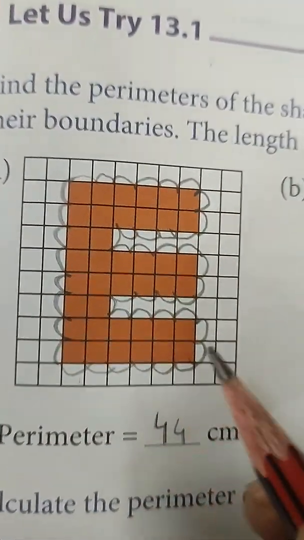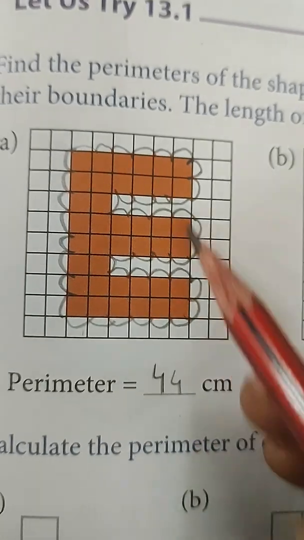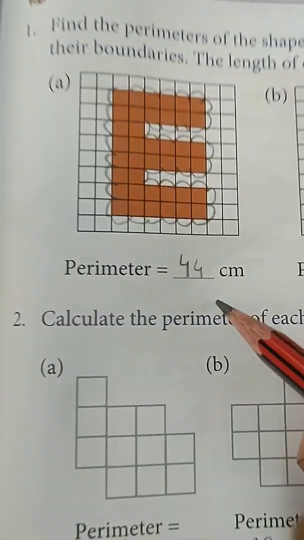So the total boundary we have to see is 44 times, so 44 centimeter will be the answer.